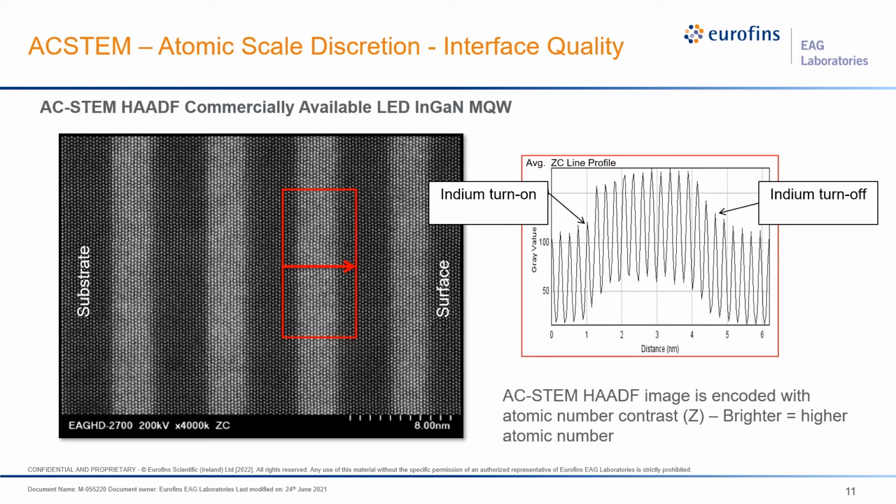And you can see when they turn the indium off on the surface side during growth, there's a decay of the indium that's slightly different than when they turn it on. And so you've got a less abrupt interface towards the surface. And these kinds of interfacial features are really important to trying to understand the actual operation of these types of devices.